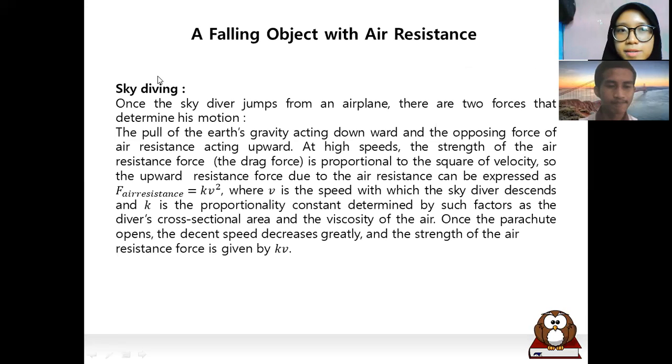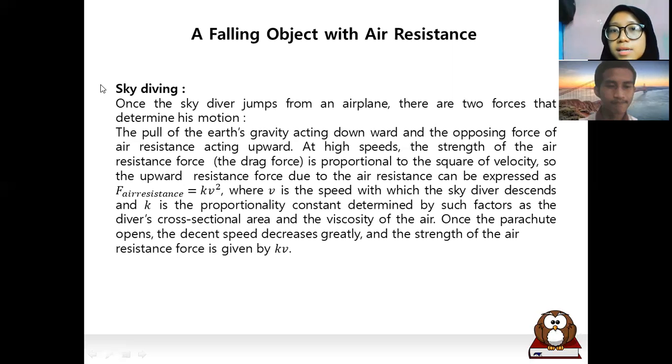Thank you, Bihun. Next, in skydiving, once the skydiver jumps from an airplane, there are two forces that determine his motion. First, the pull of the Earth, gravity acting downward, and the opposing force of air resistance acting upward.